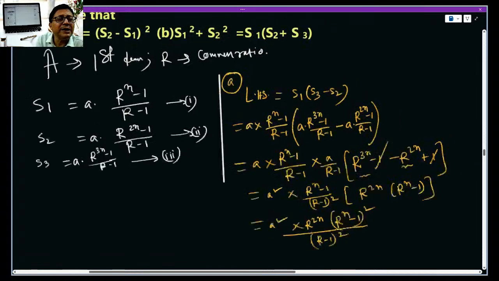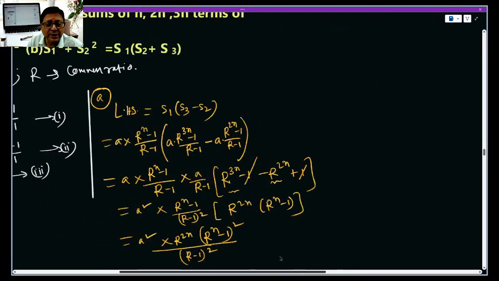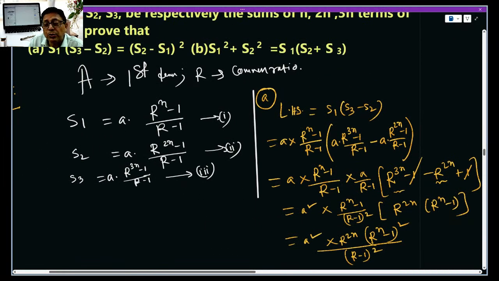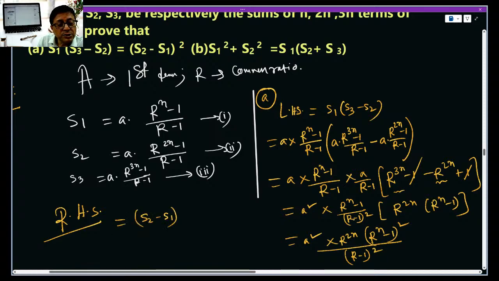What we got there, we'll get it back here. How? You just take S2 minus S1. Okay? And then show that this thing is equal to the right hand side. RHS, this was LHS. RHS should be what? S2 minus S1 whole square.